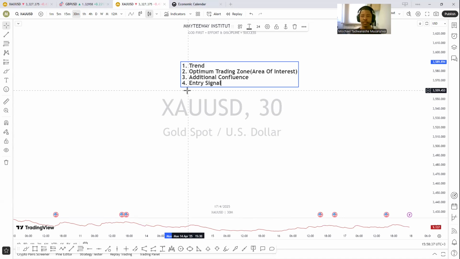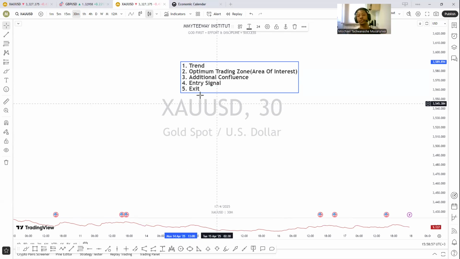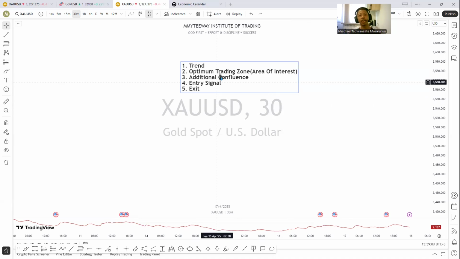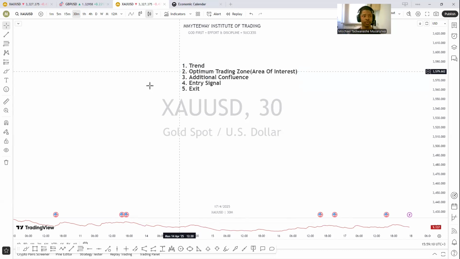So for the full strategy to work efficiently, I also have an exit plan. It is as important as entry for me. So at the end, I put whether it is stop loss or take profit, but you should have an exit plan. So in today's video, we are going to be looking at how I look at trends.